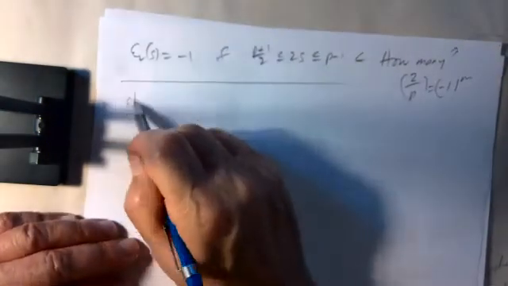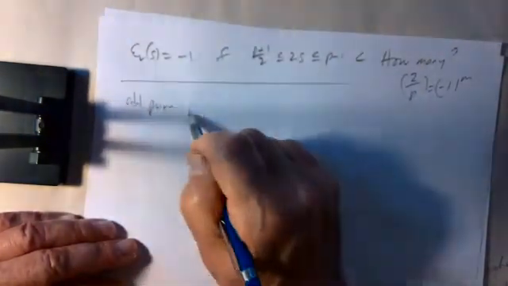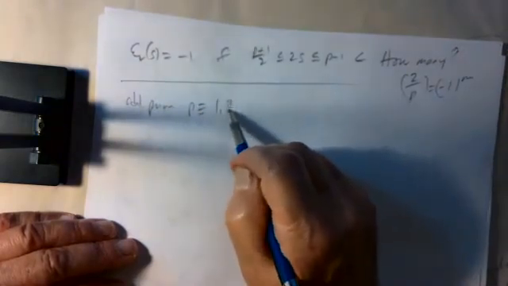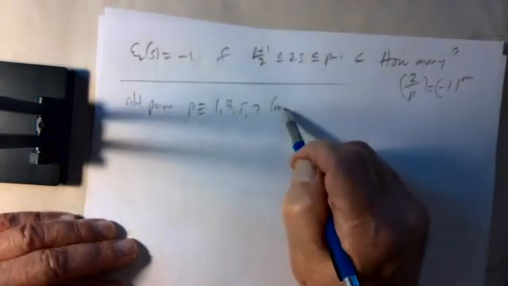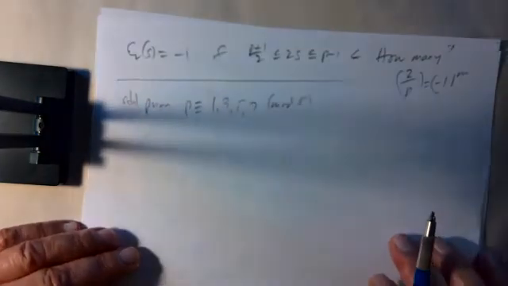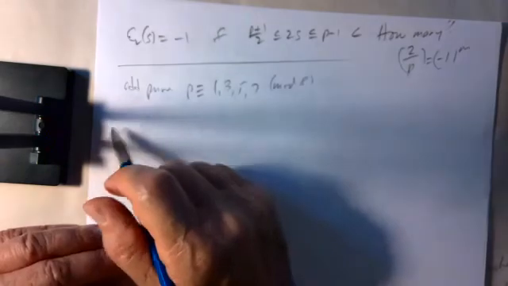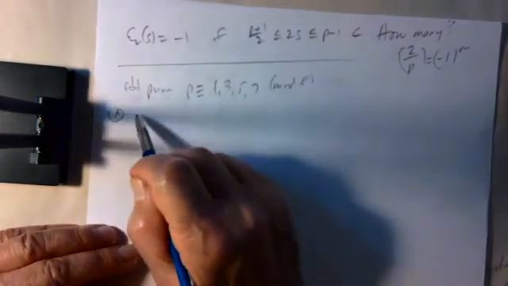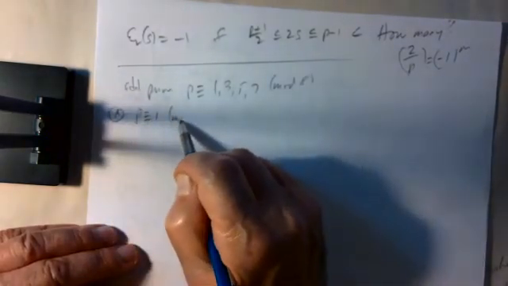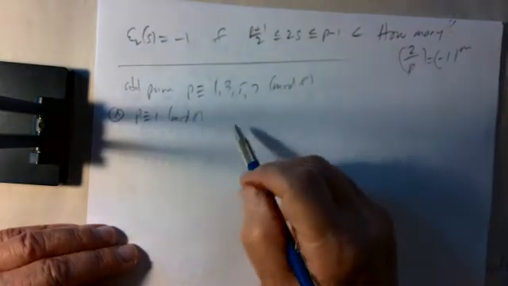So an odd prime p is always congruent to 1, 3, 5, or 7 mod 8. So we have to consider 4 cases. P congruent to 1 mod 8.